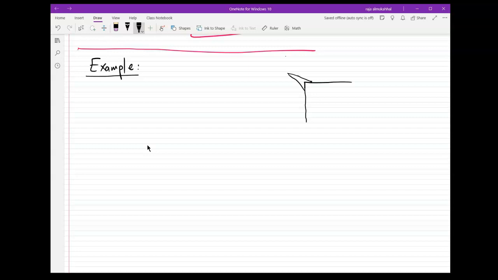I'll make it big. I'm just having trouble drawing. Sorry about that. Here is the pulley right here.